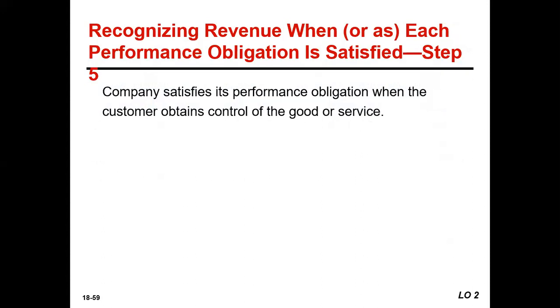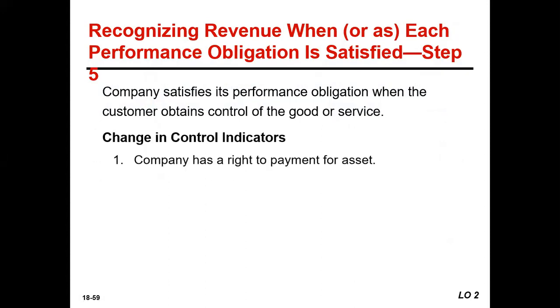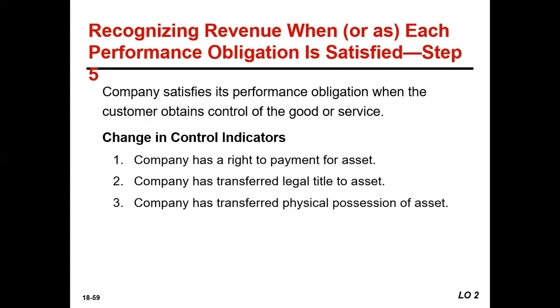So recognizing revenue when or as its performance obligation is satisfied, that is step 5. Company satisfies its performance obligation when the customer obtains control of the good or service. Change in control indicators: company has a right to payment for asset. Company has transferred legal title to asset.